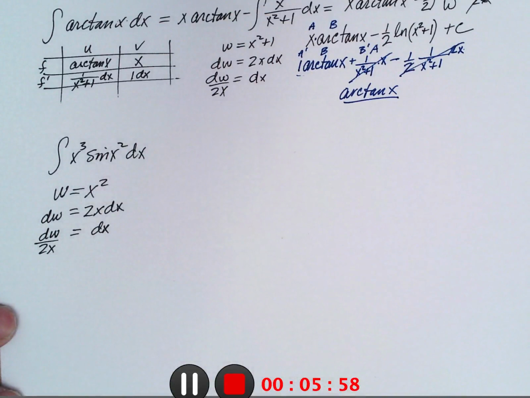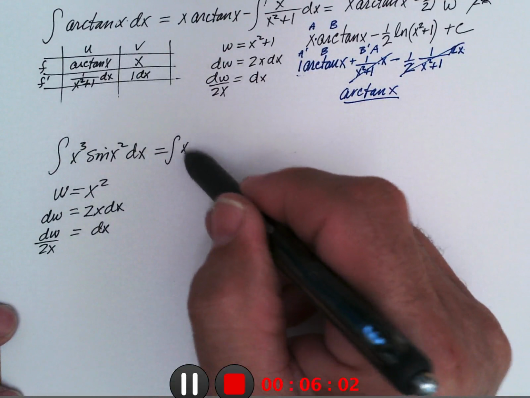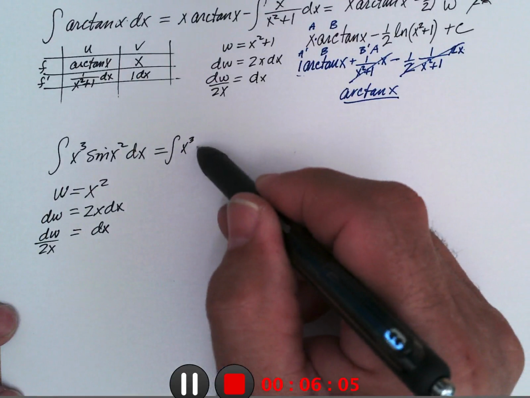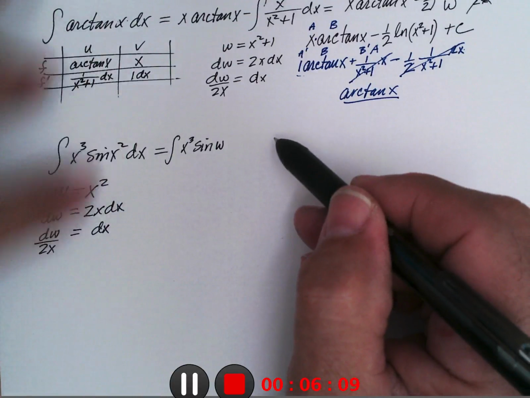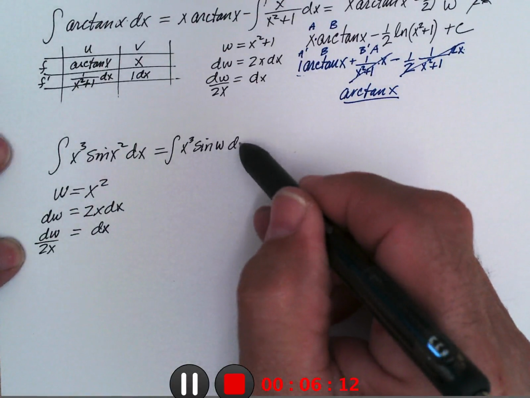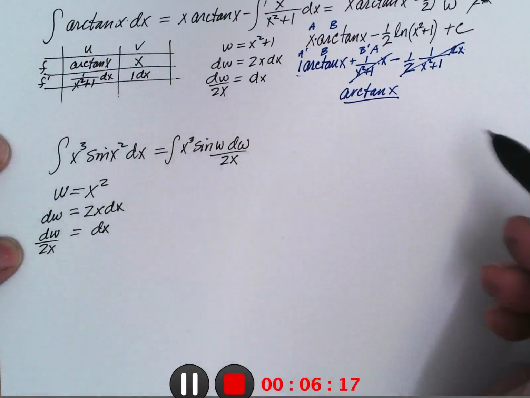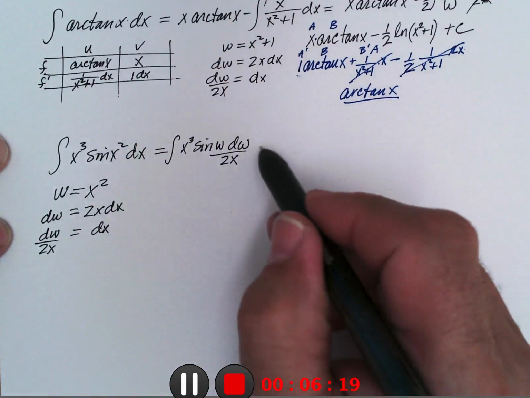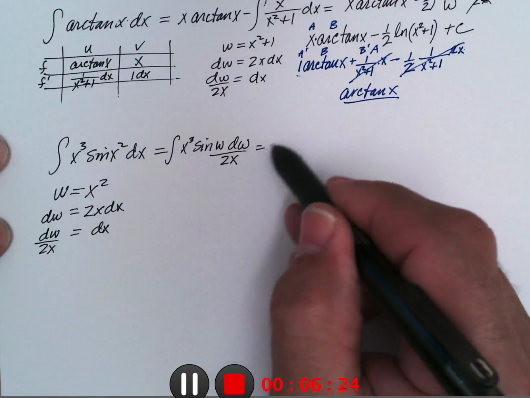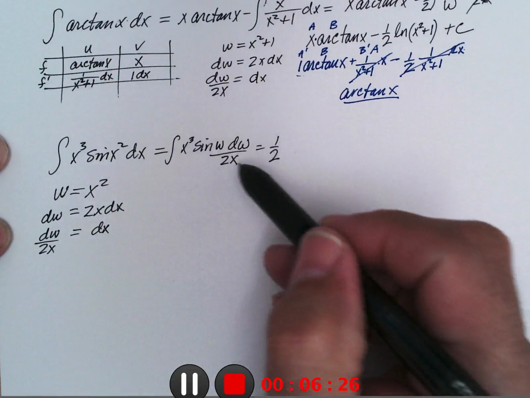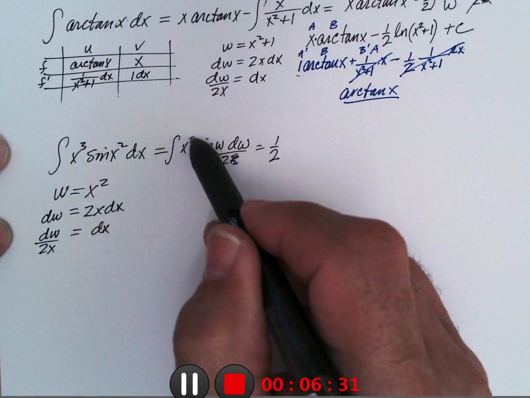So this problem would turn into the integral. We'd have x to the third sine w, and for dx we have dw over 2x. So the 2 can come out and be a half, and this x will cancel one of these x's and make this x squared.